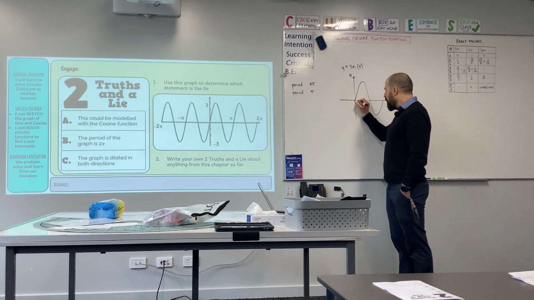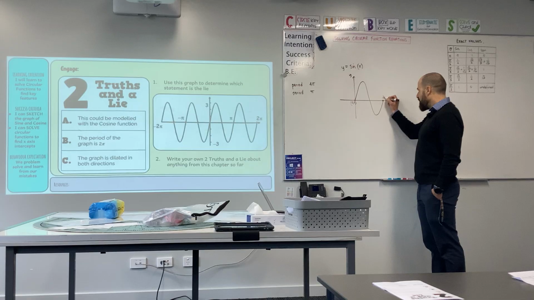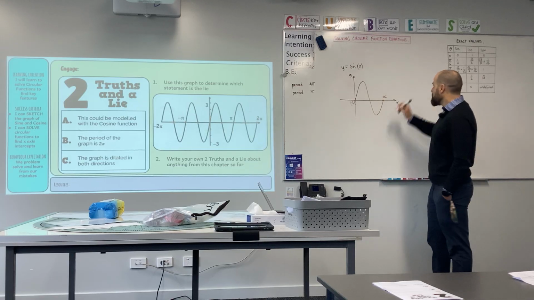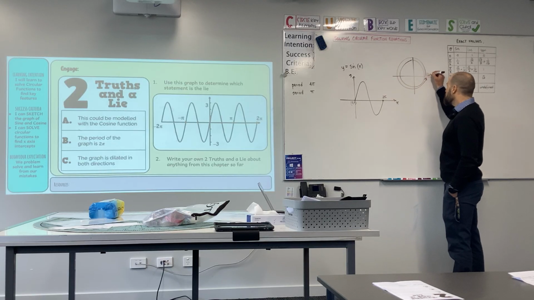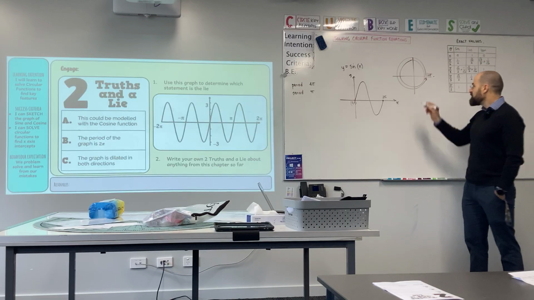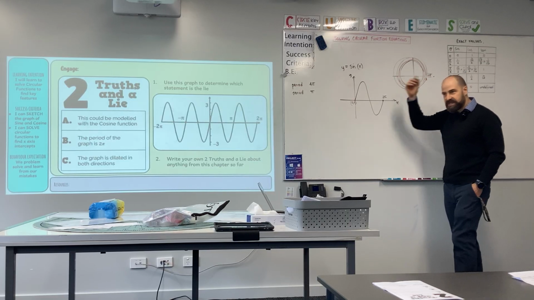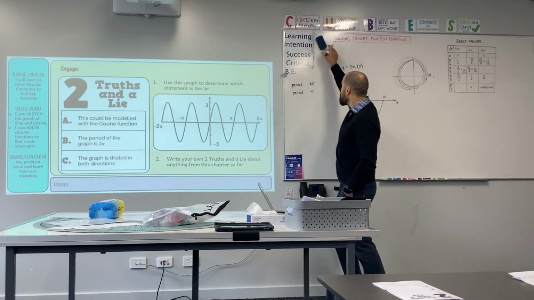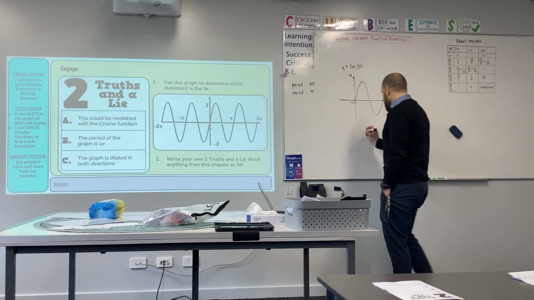It starts at the origin at 0, 0, and it starts repeating itself after 2 pi. And the reason it starts repeating itself after 2 pi is because that's how long it takes to do 1 revolution of the unit circle. All right? So after 1 revolution, we just go around the same path over and over again, so the graph starts repeating itself.